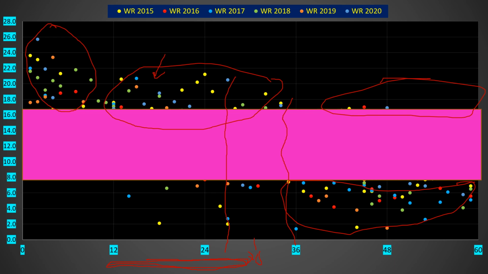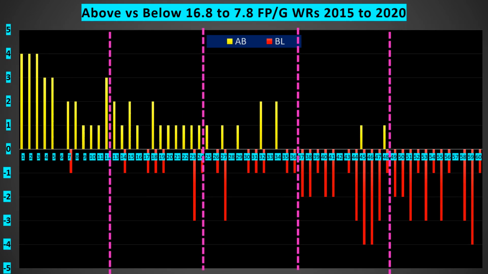I think that's really nice. If we plot it above or below average by bar graphs, the numbers, you can see it's pretty clear. Red is below average. And notice from about the 13th to about, and I said the 30th. Okay, so in this case, looks like about the 34th.